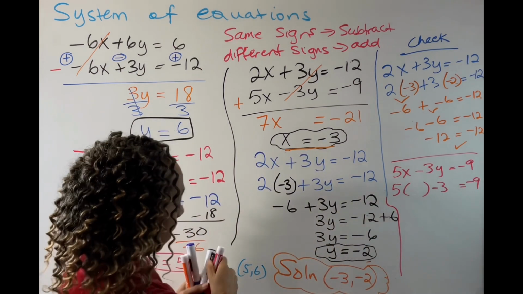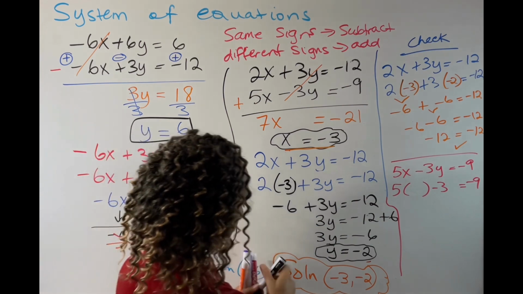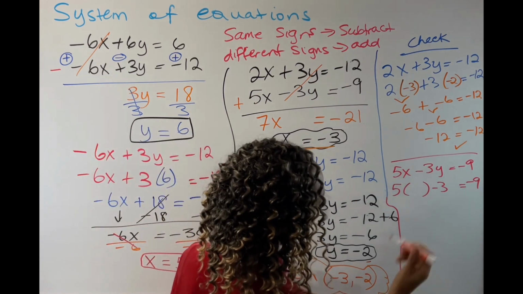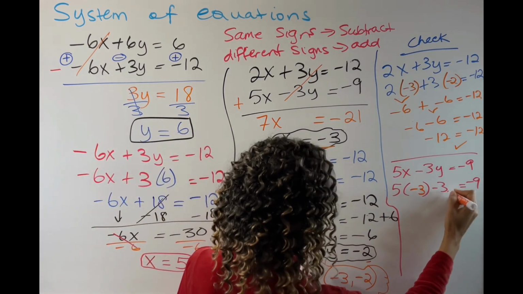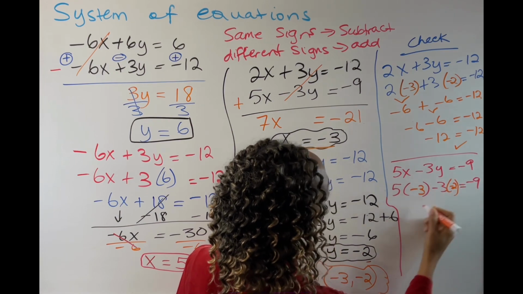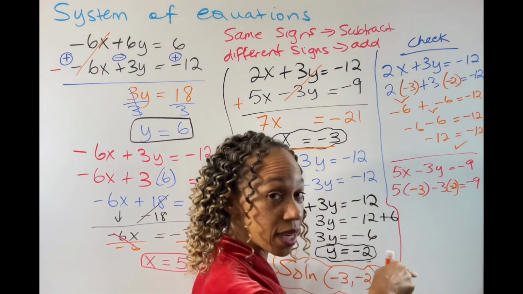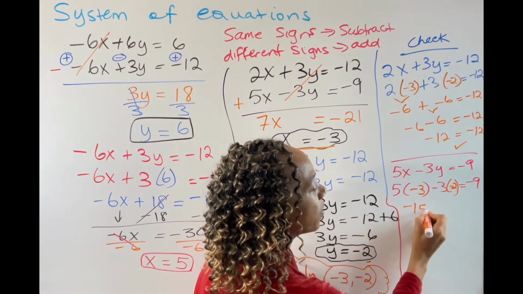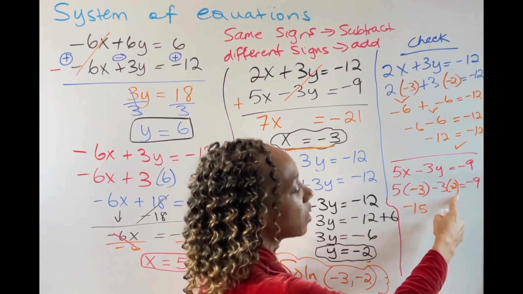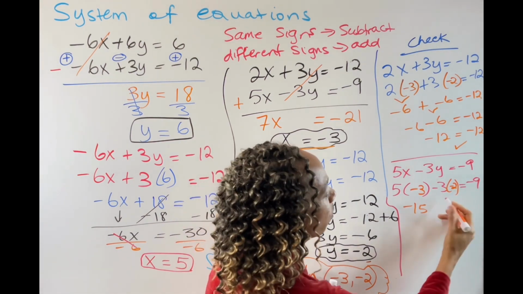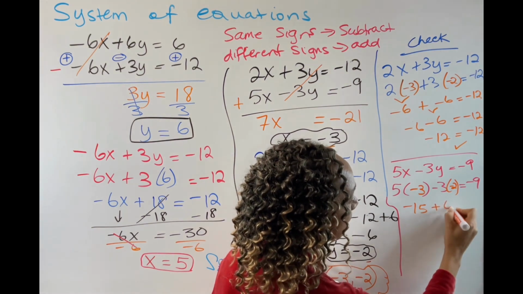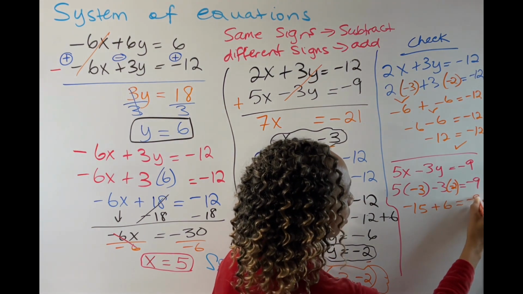And I'm going to substitute it now, and I'm going to put in the negative 3 here and negative 2 here. 5 multiplied by negative 3 is going to be negative 15. Negative 3 multiplied by negative 2 is going to be positive 6 and equal your negative 9.